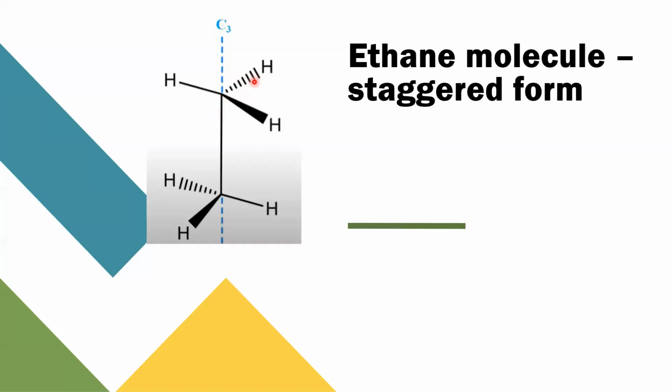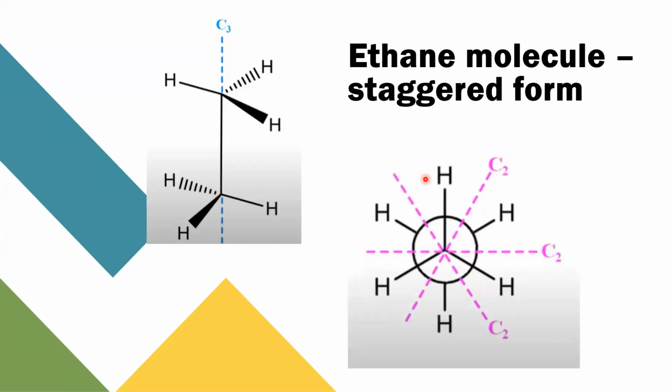there is a C3 axis along this carbon-carbon bond. Okay? So we can represent it like this. Because here, if you take the rear side or the closest carbon atom, the 3 hydrogens are like this.